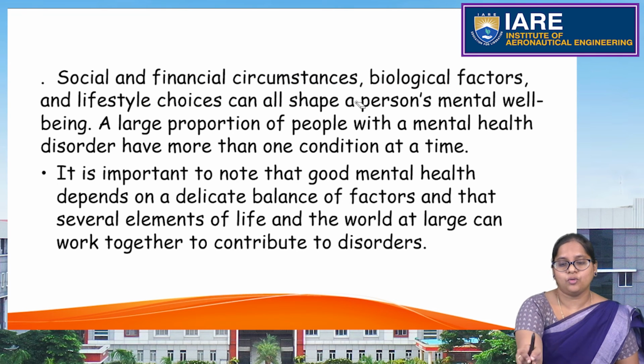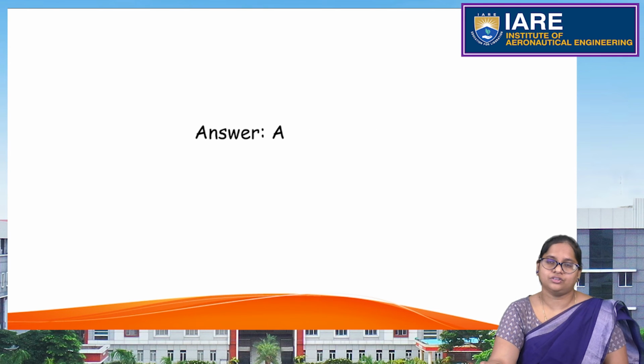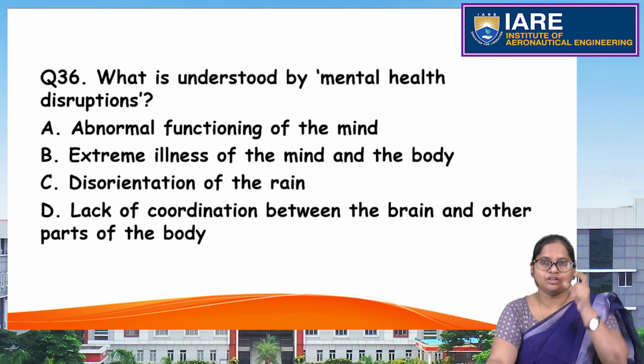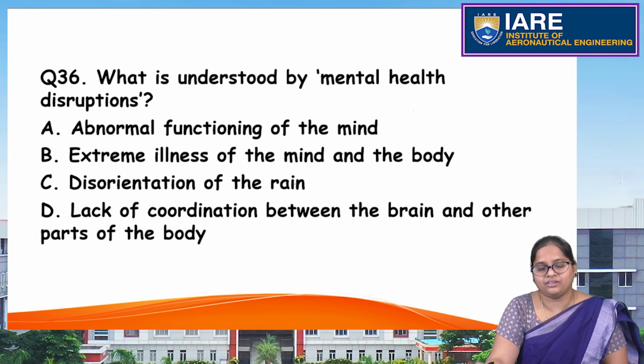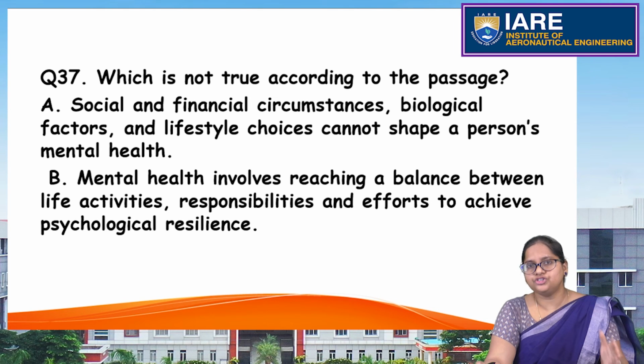So you have to go back to the paragraphs. Generally, they will ask in the start of the paragraph. Now, whether it talks about mental health involves reaching a balance between life activities. Which is really true or not?